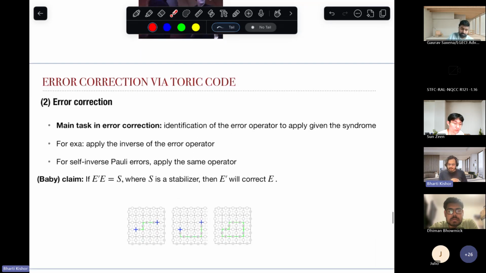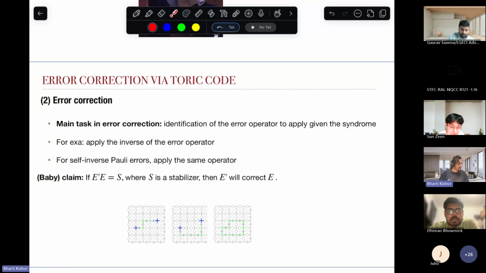And in error correction, the main task is to identify the error operator. So let's say some error has occurred, and in regular stabilizer formalism, we say that if the error was E, then you just apply the same error operator again, because Paulis are self-inverse. So that will help you.